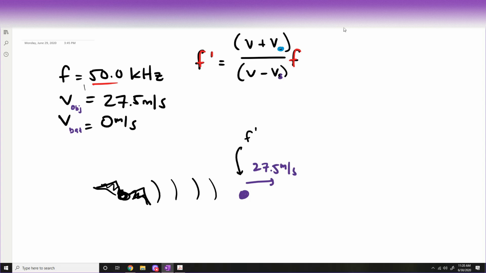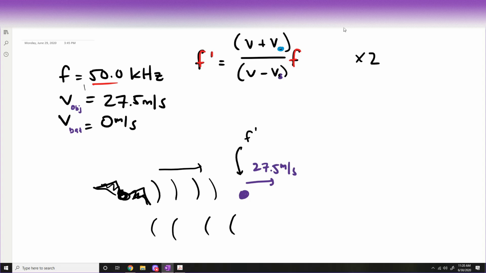The trick about this problem is there's a sound wave moving from the bat towards the object, and then a sound wave bouncing off the object going back to the bat. So we have to do this Doppler effect equation twice, once to see the frequency that the object receives, and then again to see what the bat gets back. So let's go ahead and do that.